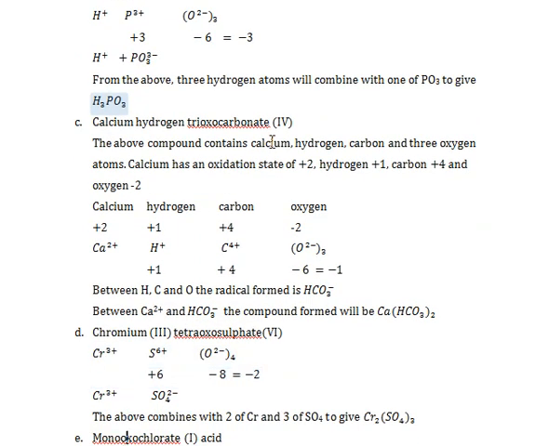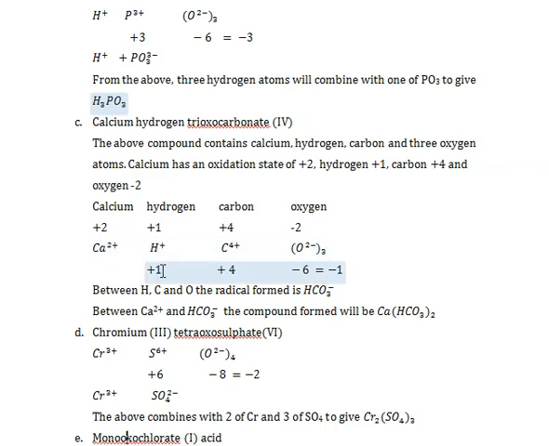Now the third example, you're having calcium hydrogen trioxocarbonate 4, just like we explained earlier. Calcium is in group 2, hence the oxidation state is +2. Hydrogen +1, carbonate 4 has been mentioned here, meaning carbon is +4, and oxygen is -2. So if we bring all together, we deal with the hydrogen, carbon, and oxygen here being a quaternary compound.